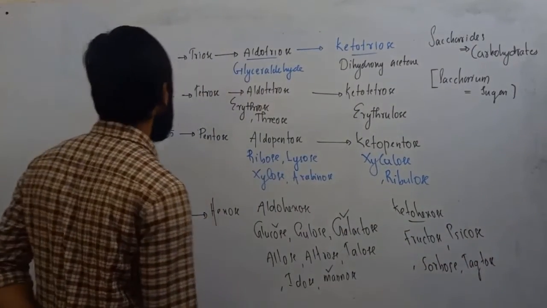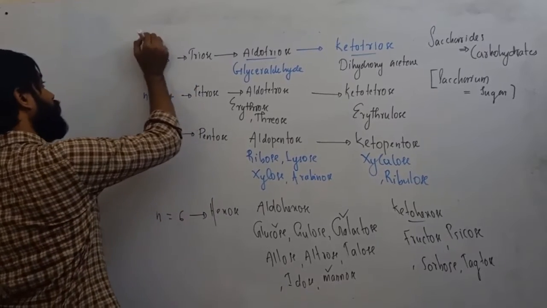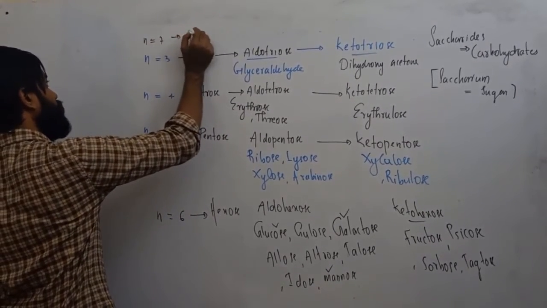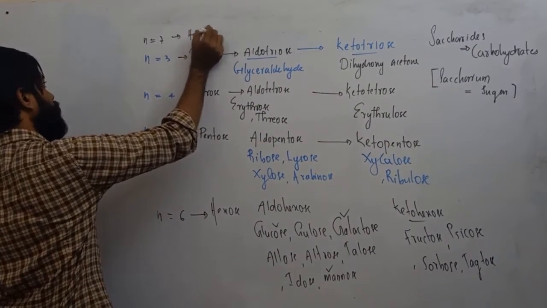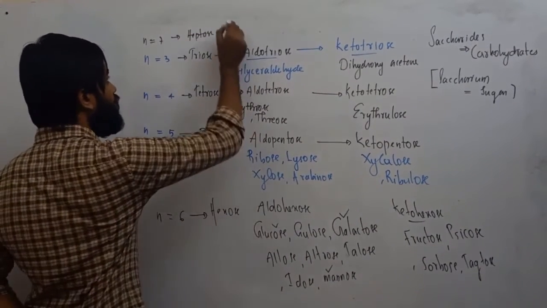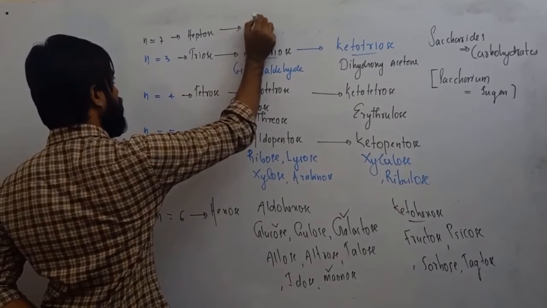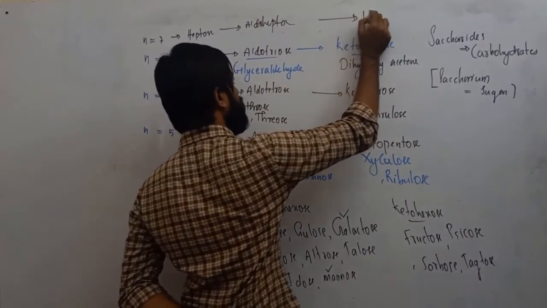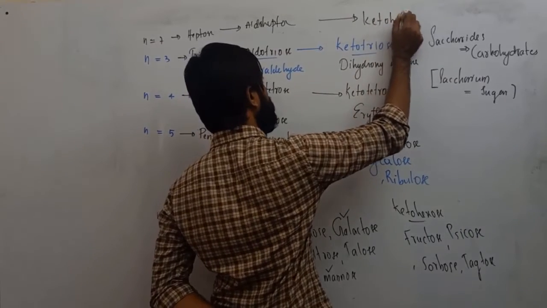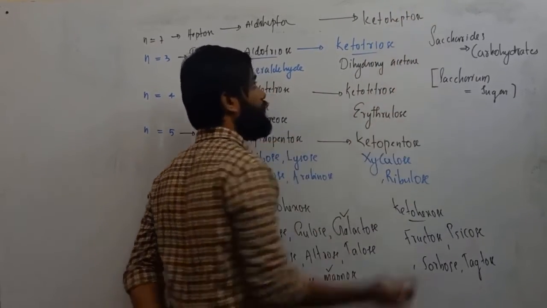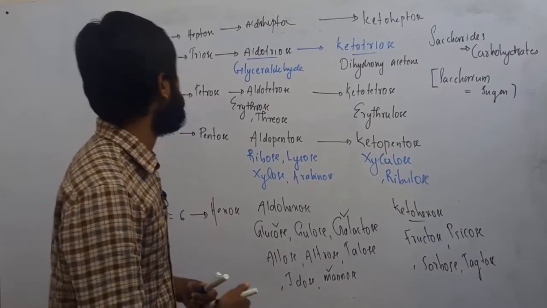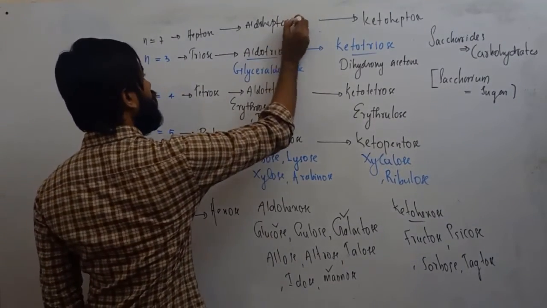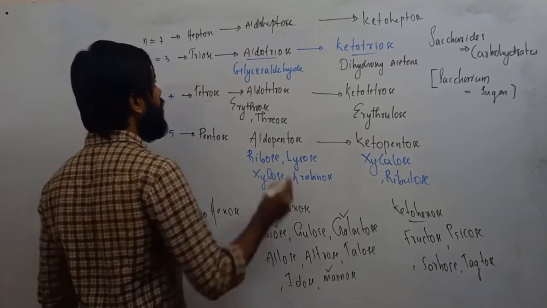Okay, and one more is if n equals 7, then it is said to be heptose. But usually heptoses are not discussed well. If it is an aldehyde, aldoheptose. Ketone, ketoheptose.